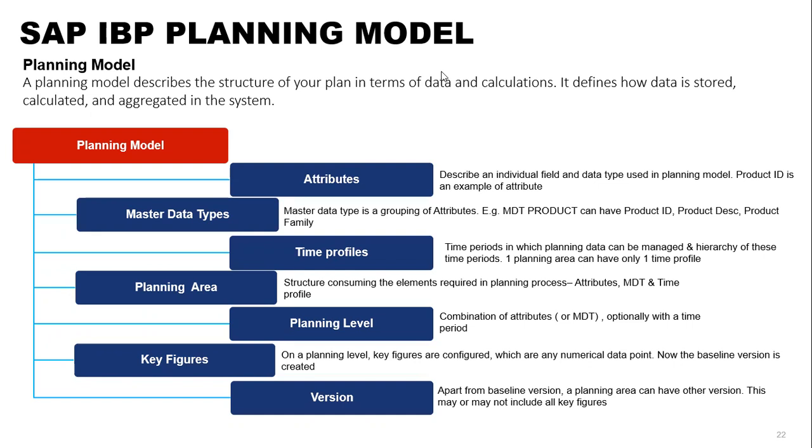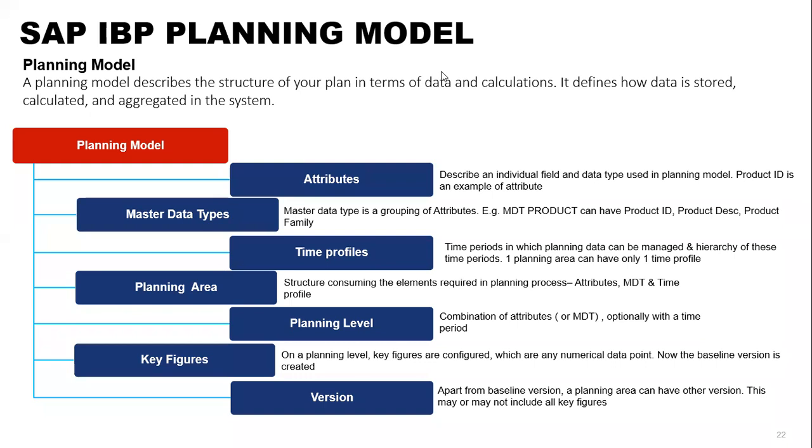Versions are like data views, you can say. If you want to have multiple plans with respect to different sets of master data, then we'll create them in the form of versions. You will get to know more about the versions when you are in the system.